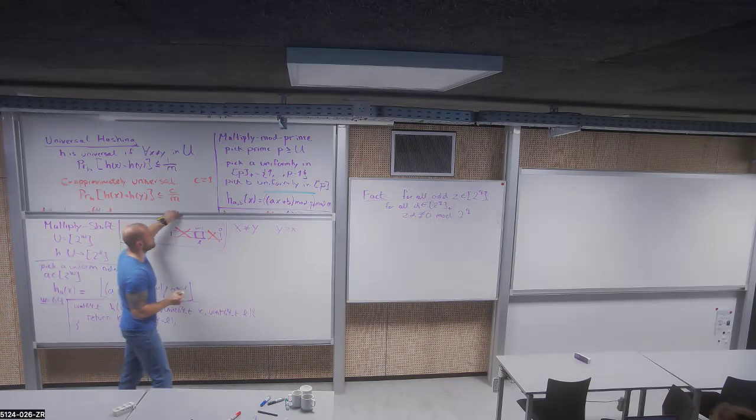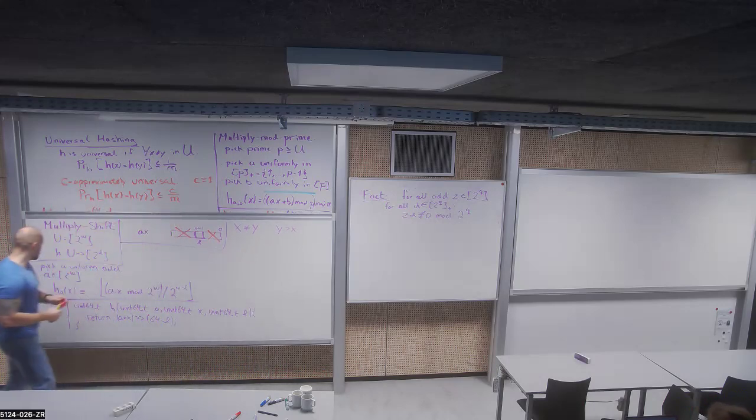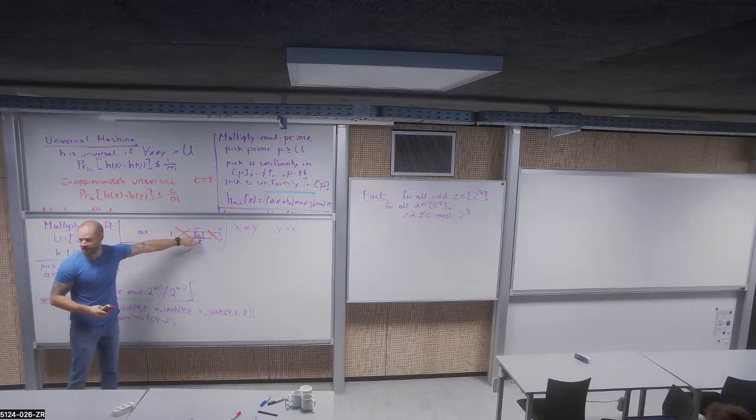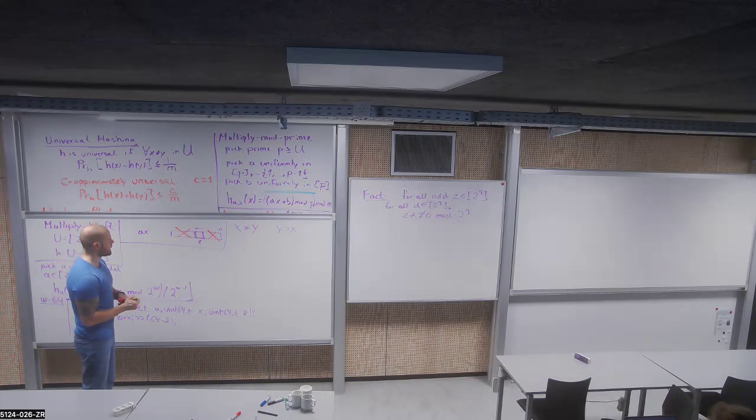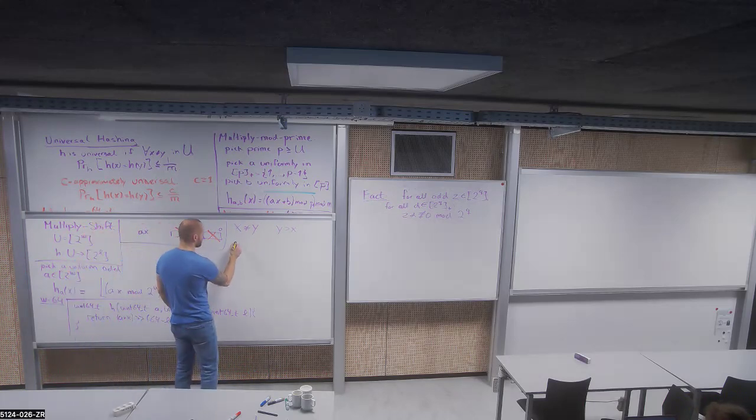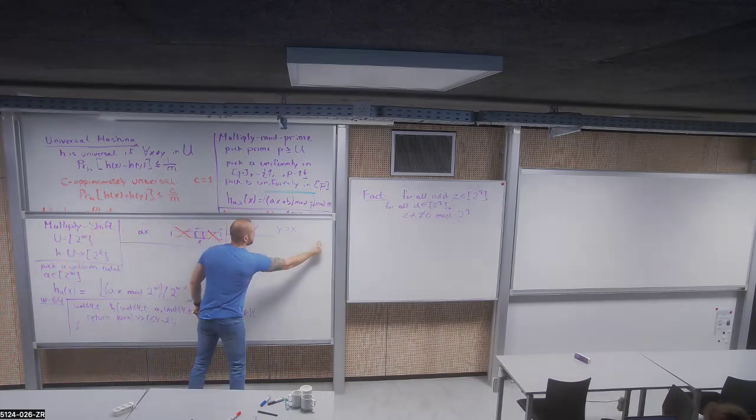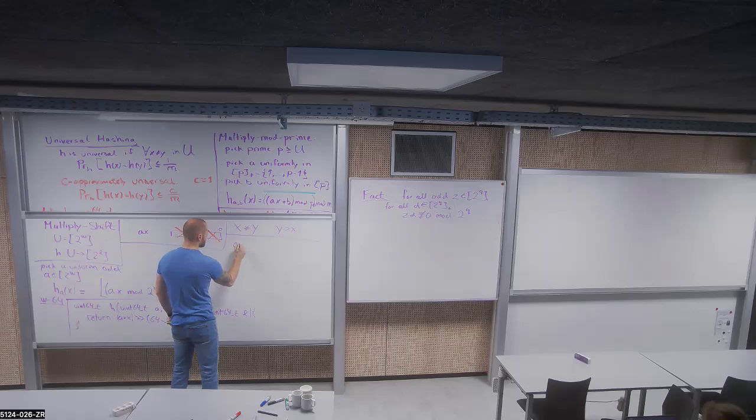So what we're doing is a times x, and then extracting those L bits. So we can look at a times x, and let's try to write a times y.